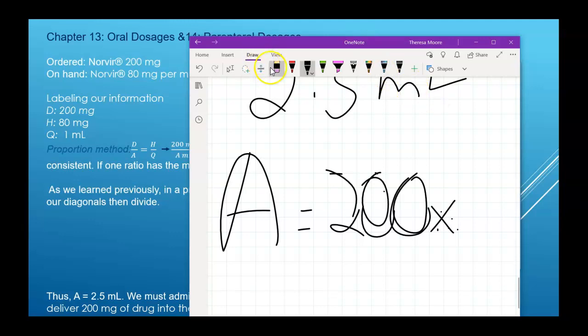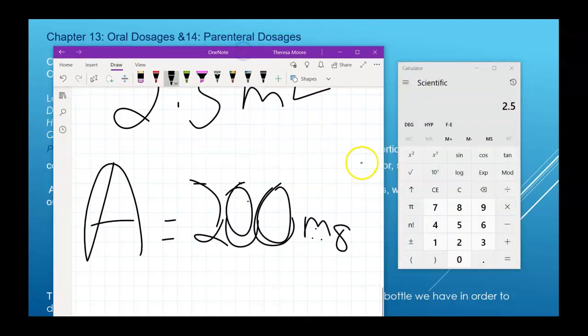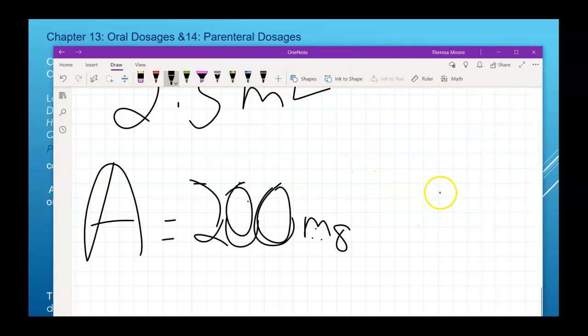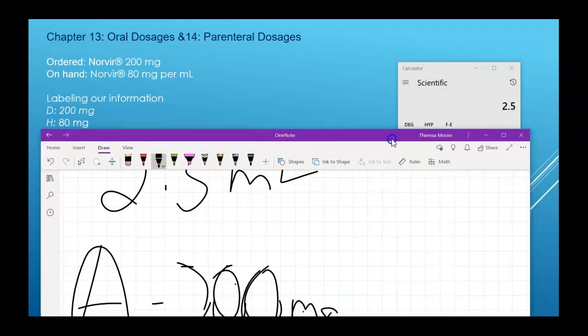Let me put my unit in there. And we want to multiply this by the equivalency according to our order. The equivalency ratio here is going to be your H and Q.